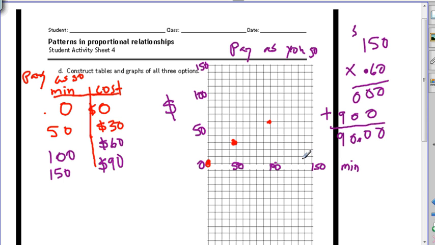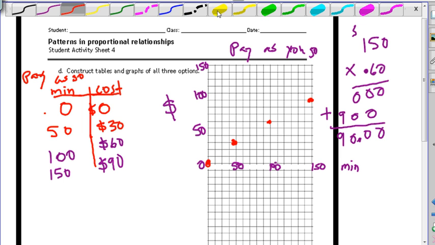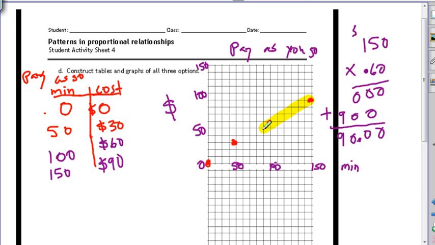And then 150 to 90. So that means it's a little below the 100. My 100 is right here, so my 90 should be right here. And if you guys can connect the dots, I don't have a ruler, so just connect the dots the best you can, like that. Okay, so that's our first one.